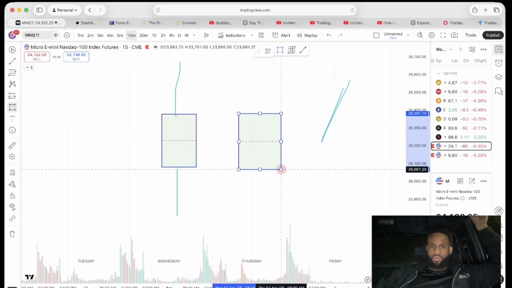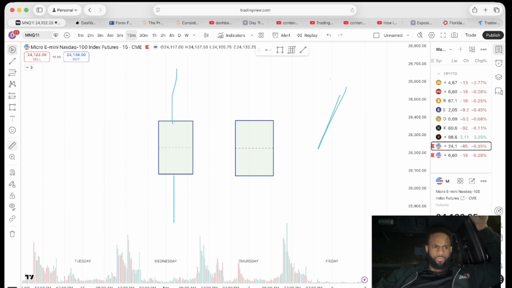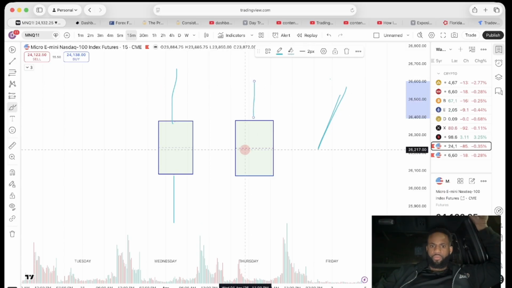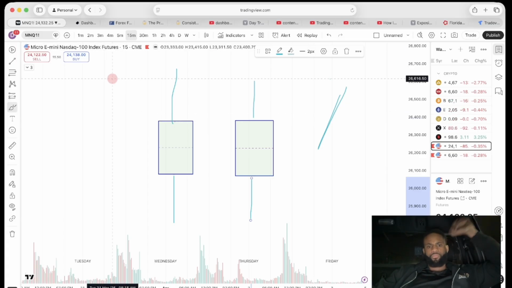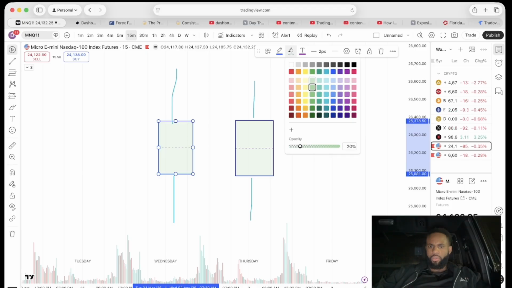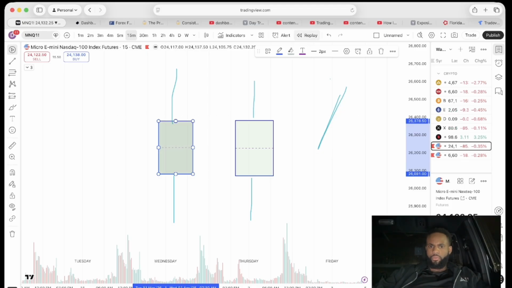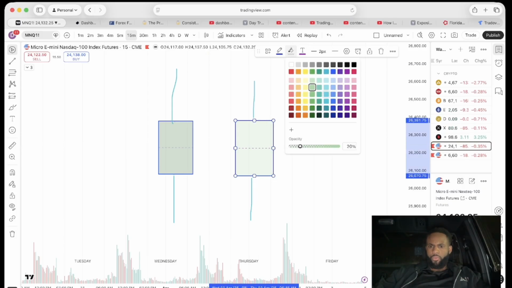And this is a candlestick. Now, we're going to color this one dark green, and this one red.